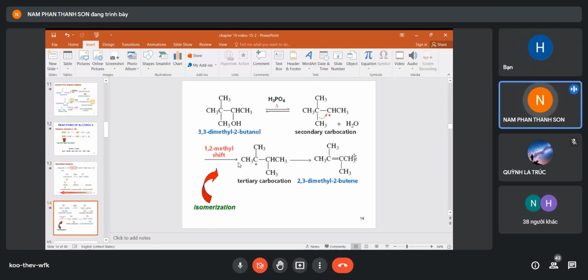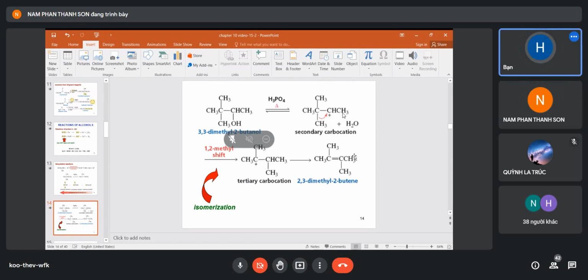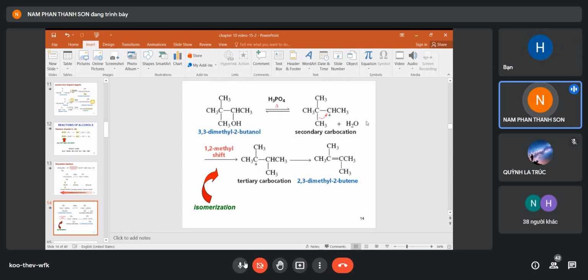How many hydrogens can donate electrons by hyperconjugation in this tertiary carbocation? 7, good. What about the secondary carbocation? How many hydrogens? Only 3, very good. So here we have a rearrangement, because the tertiary carbocation is more stable.